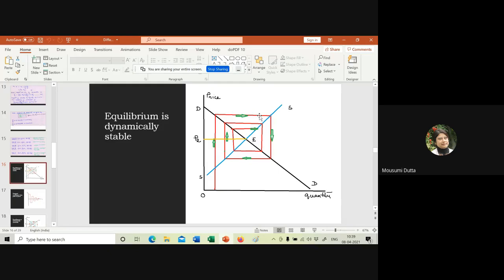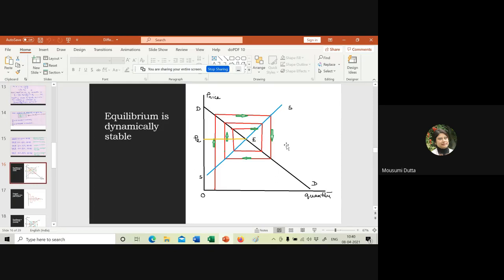Now, when price is falling, it is falling to a level below the equilibrium price. Why? Because one curve is following a negative slope and the other a positive slope.